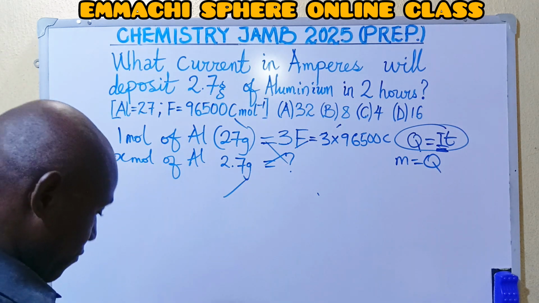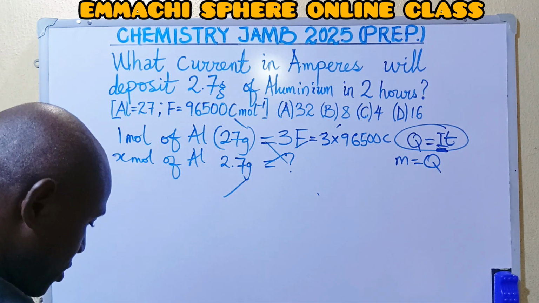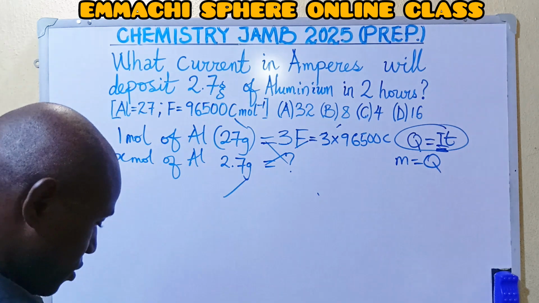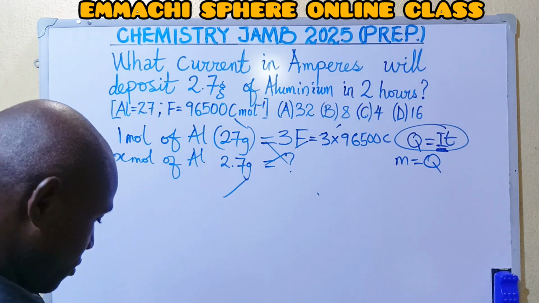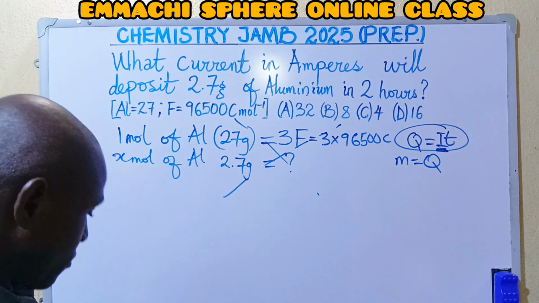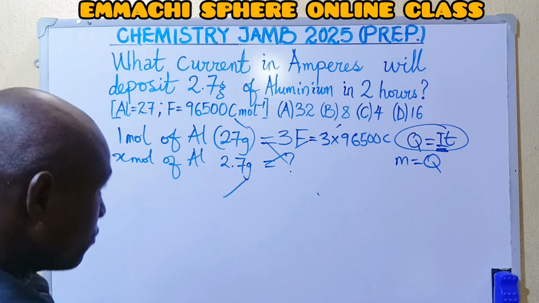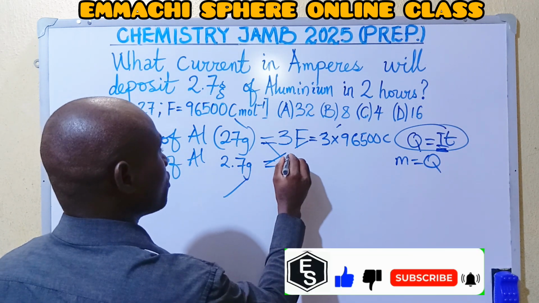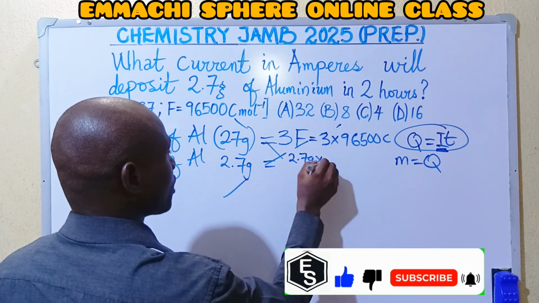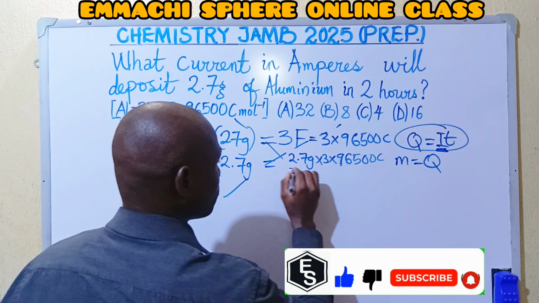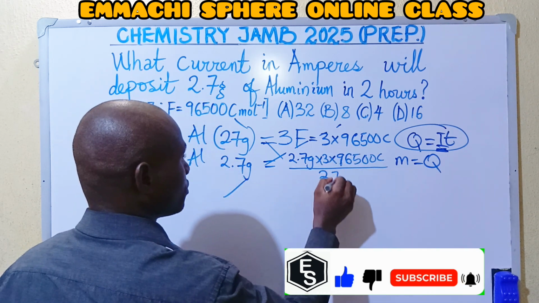Instead of writing a question mark there, it becomes 2.7 grams times 3 times 96,500 coulombs divided by 27 grams.